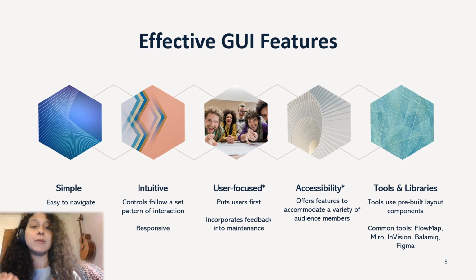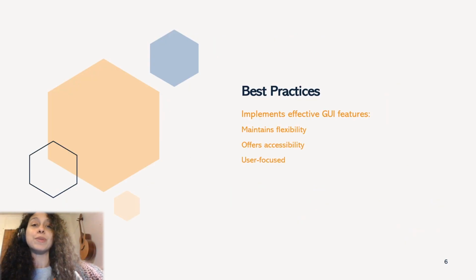And you'll notice being user-focused and being accessible, I've highlighted these two features here because they are core concerns during GUI design, development, and maintenance, and we're going to be going into more detail soon. Next, we will cover best practices of GUI design and development.